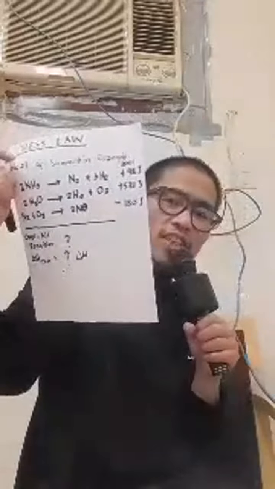You just need to add, no need to reverse, because you can cancel that out when you add. So, add N2 plus O2, our chemical reaction number 3, is equal to 2NO. And the enthalpy change for this, guys, will never change because we haven't done anything yet.